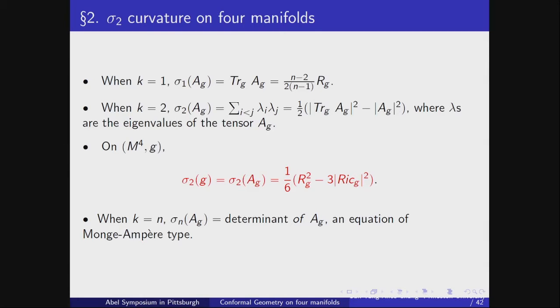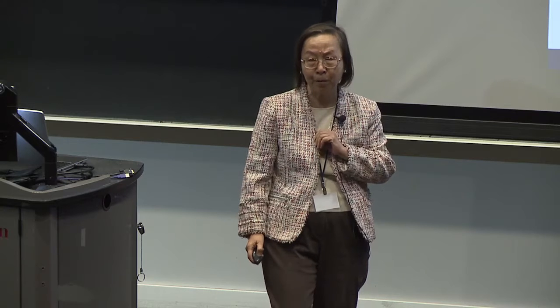And when k equals n, sigma_n of A_g is the determinant of the metric. And that's the study of the typical nonlinear PDE, the Monge-Ampere equation. So this suggests that we should use techniques from the study of the Monge-Ampere equation, this fully nonlinear PDE, coupled with the study of second order PDE, to study something in between, sigma 2 on four-manifolds.